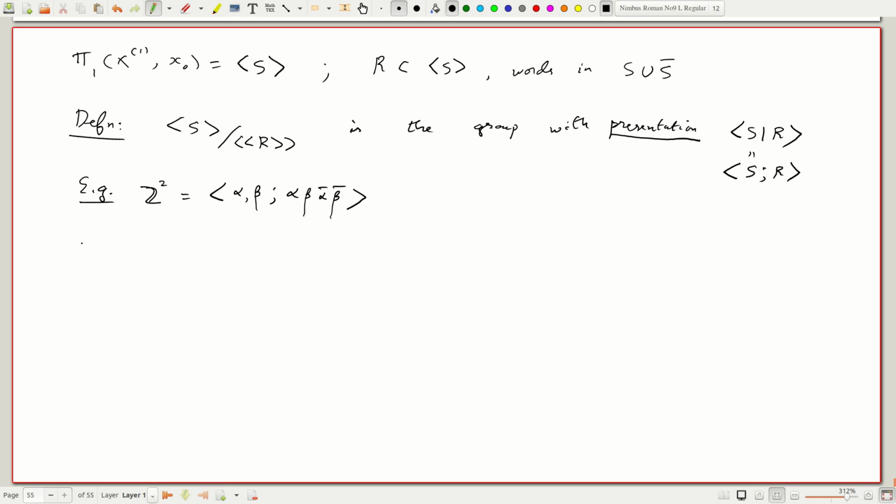So an easy fact is the following proposition: every group has a presentation. And how is this the case? As I said, it's easy if you are willing to be gross. Any group is generated by all its elements, so it's always generated by a free group. So you have a surjection from a free group.